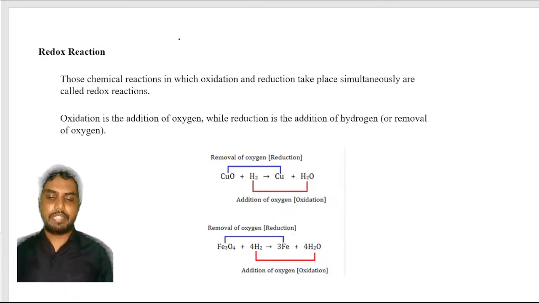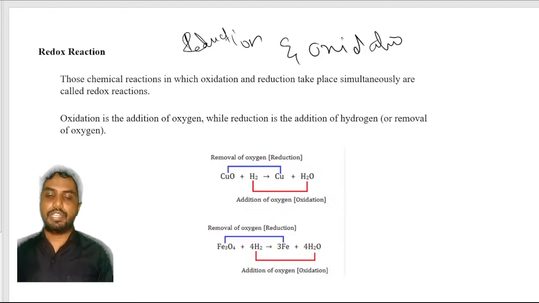The name itself suggests there is reduction and oxidation. So reduction and oxidation.